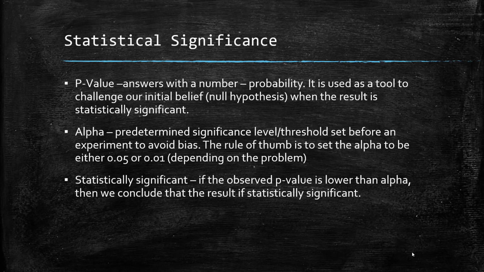And what does that mean? That essentially means that 5 times out of 100, we're going to be willing to make the mistake and say our finding is significant when it's not.